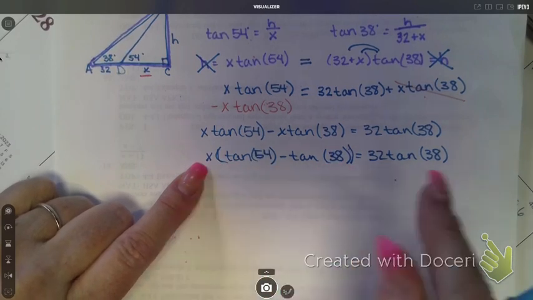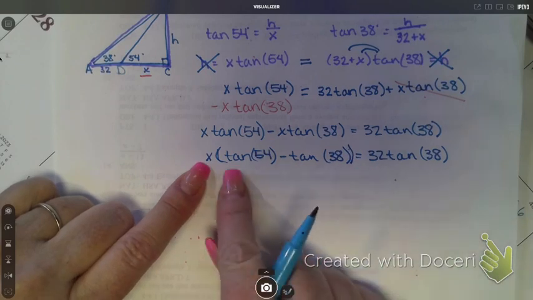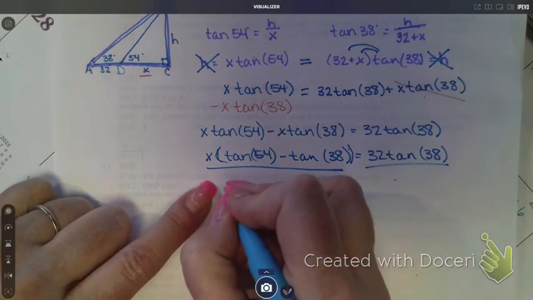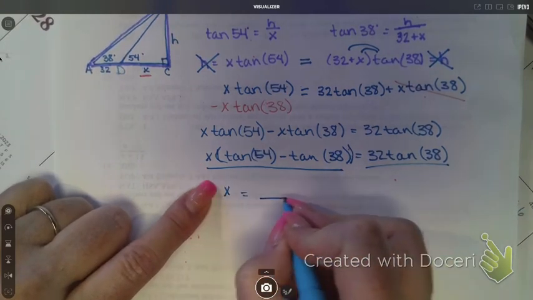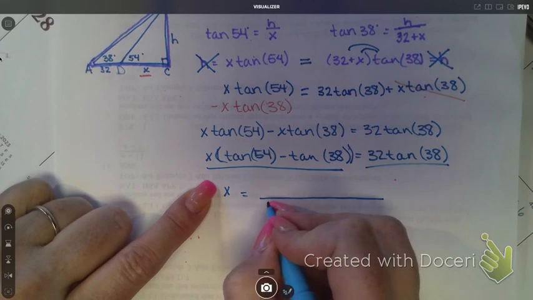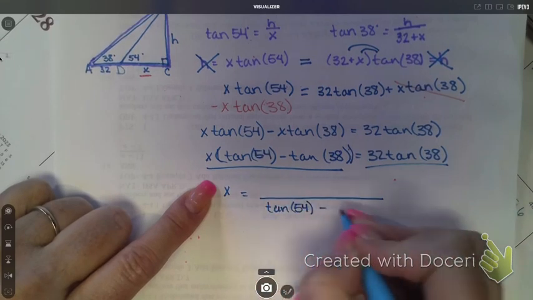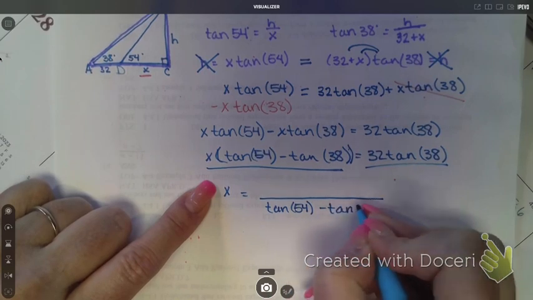So again, basic algebra, I have to divide it over. And I'm not writing it twice. So x equals, and I'm a weird one, I always write the denominator first. Tangent of 54, tangent of 38.